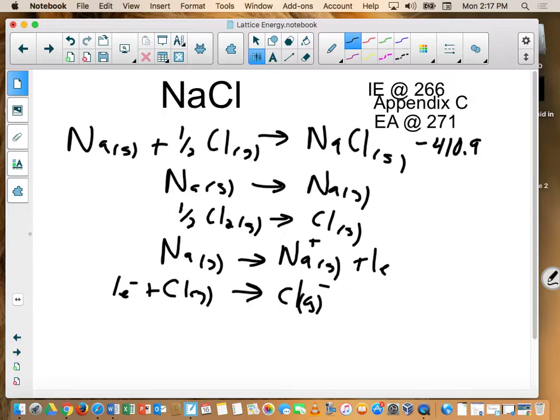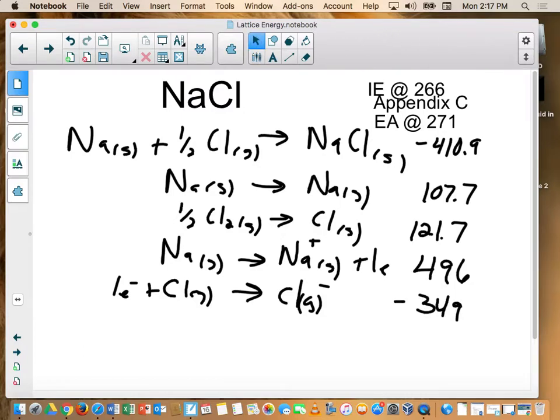The other values here: sodium is 107.7 kilojoules per mole. The chlorine is 121.7 kilojoules per mole. The ionization energy rather is 496 kilojoules per mole, and the electron affinity there is negative 349.